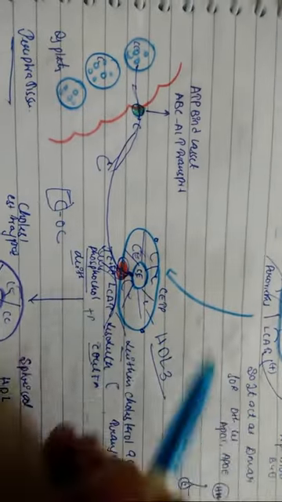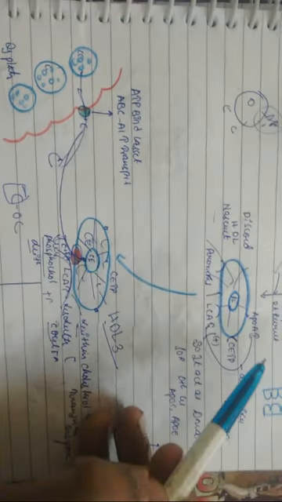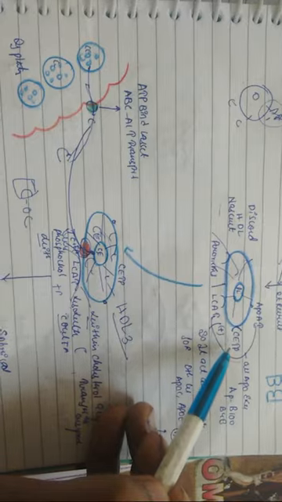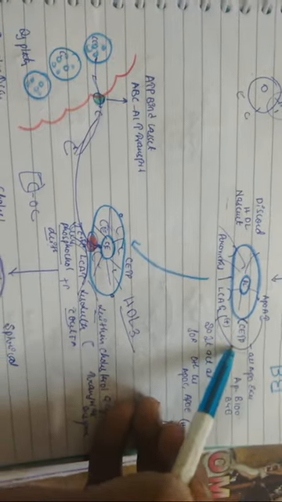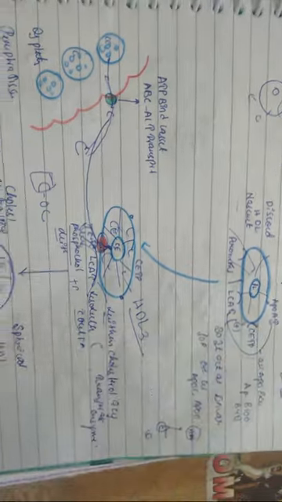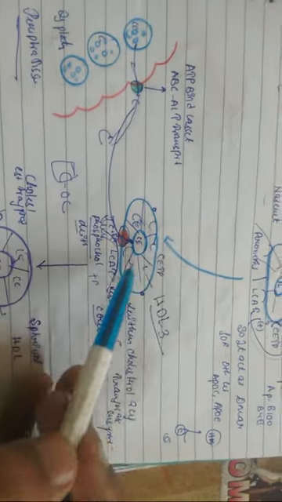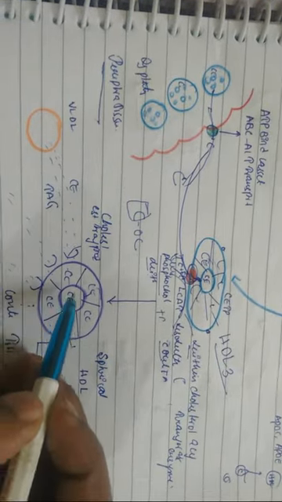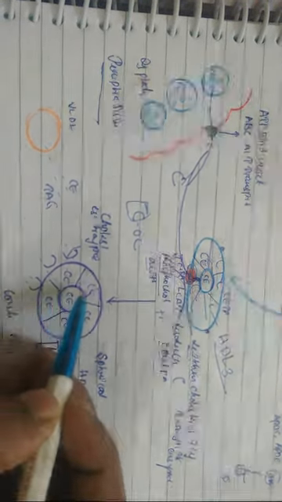I have already told you in the last session that on these HDL you have other receptors. The other receptors are cholesterol ester transport proteins, and those are the receptors which are present on the HDL. So let me draw this structure of HDL here. This is HDL3. You can see a lot of cholesterol esters here.